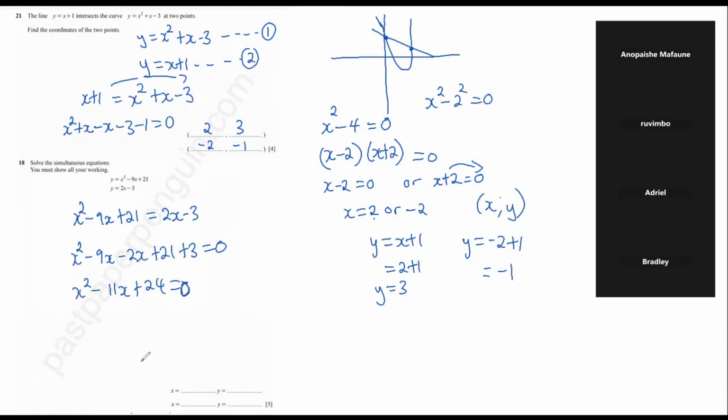Then eventually we factorize. How do you factorize that quadratic? We look for two numbers that multiply to 24. If we try, we get 11, so it's minus 3 and minus 8.